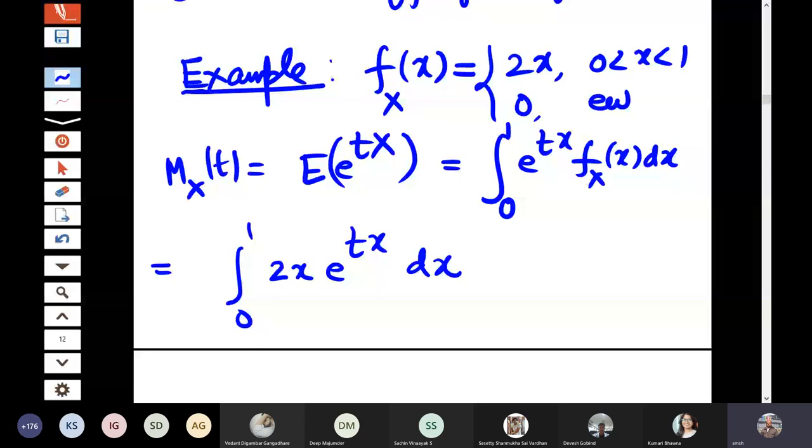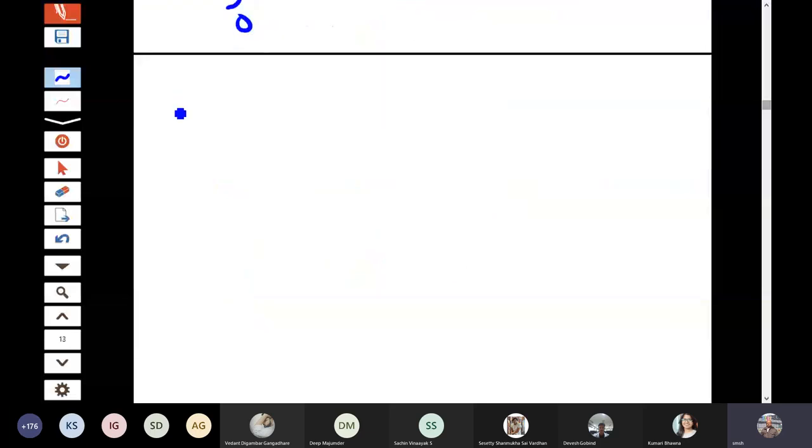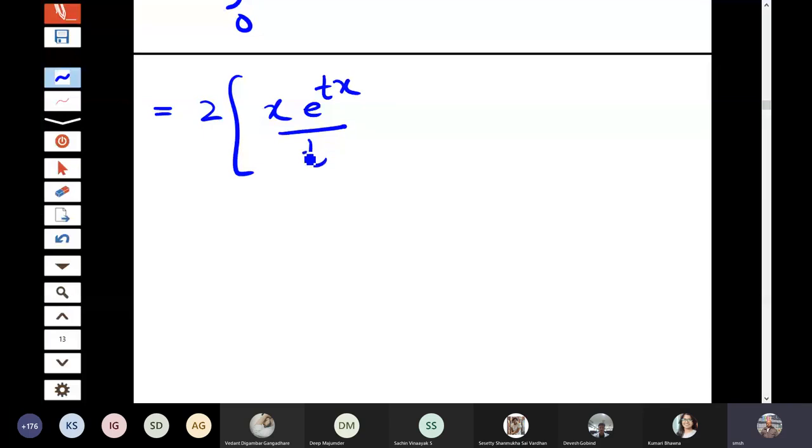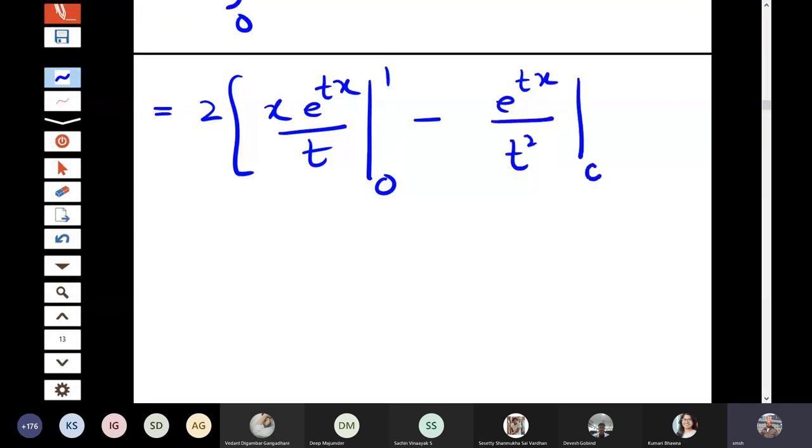Let me write it here. That is equal to 2 times, and then you integrate. You have x times e to the power tx by t from 0 to 1, minus the derivative of x, which gives 1, times e to the power tx, and then again you integrate. It becomes e to the power tx by t square from 0 to 1. You put these values in.